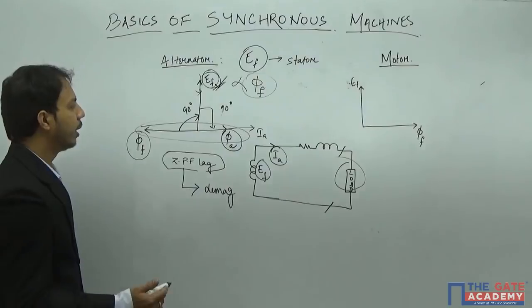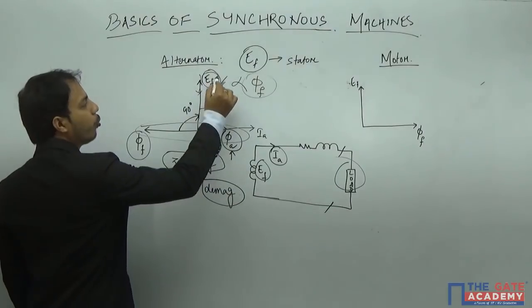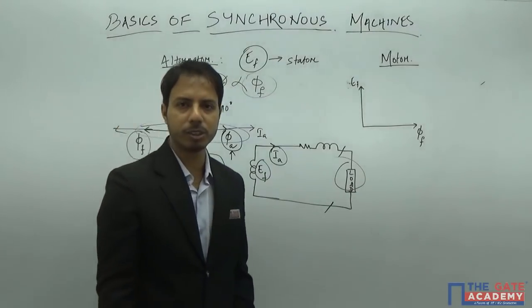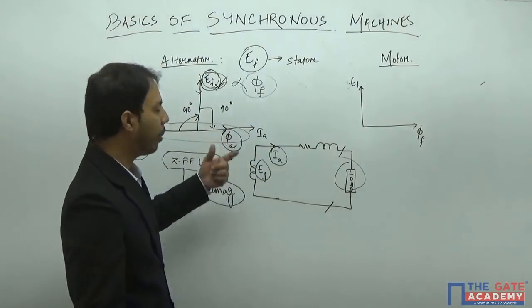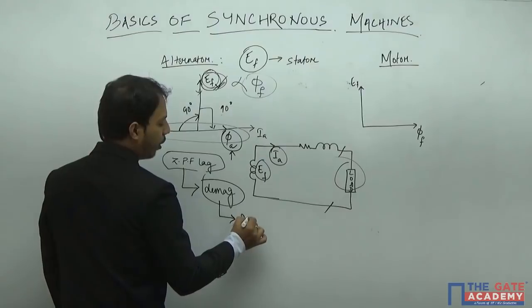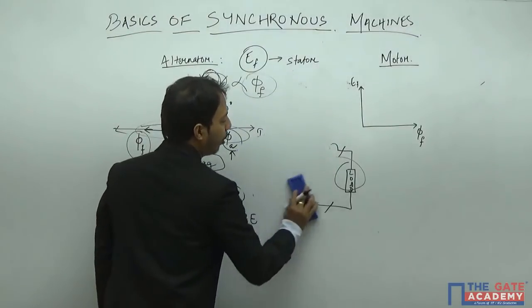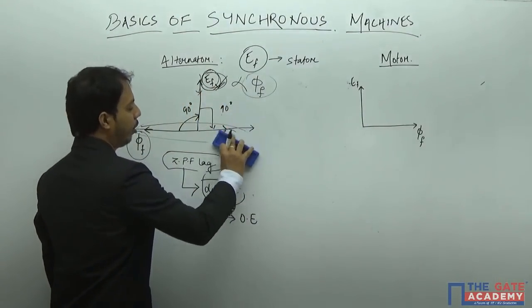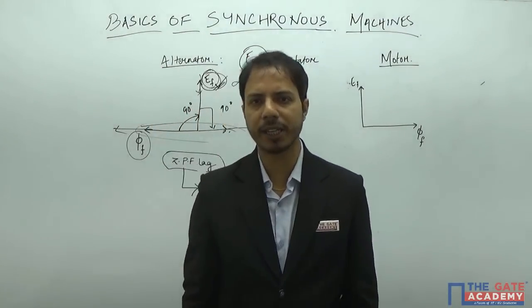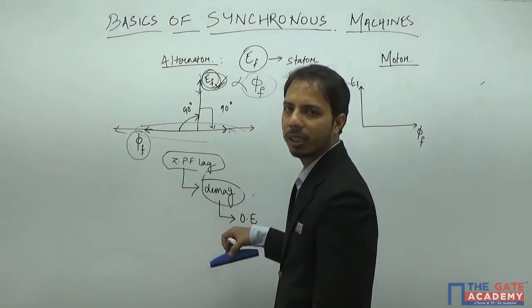If I have demagnetizing armature reaction but don't want EF to fall, then ultimately I want my field flux to increase so that it compensates the demagnetization. And thus I can relate this to over excitation. That means whenever I have a lagging load, I will have demagnetization in the alternator, and this demagnetization will result in over excitation of the alternator.